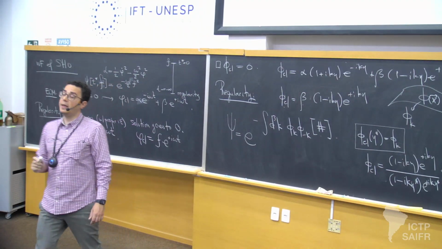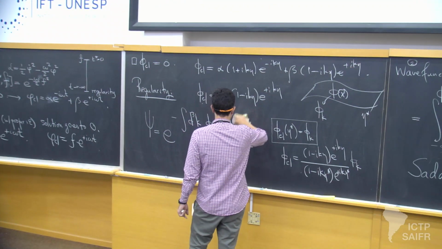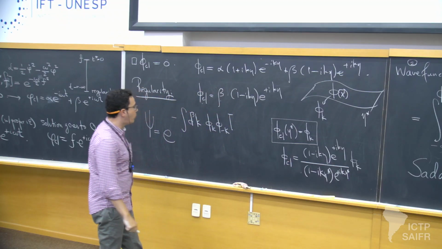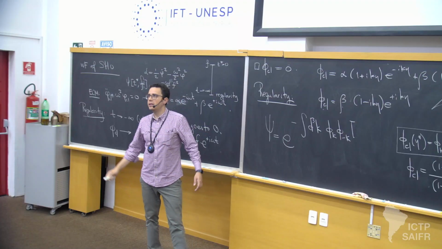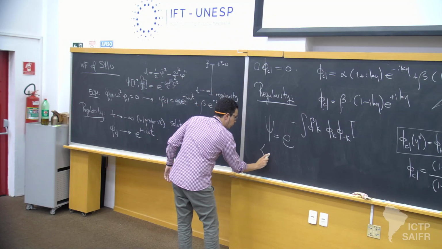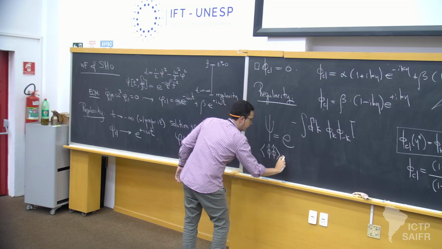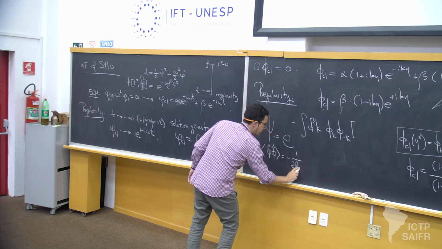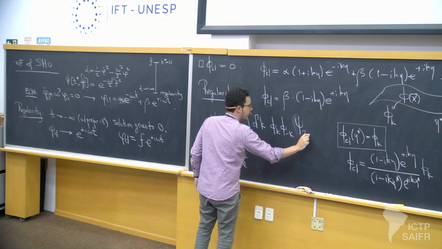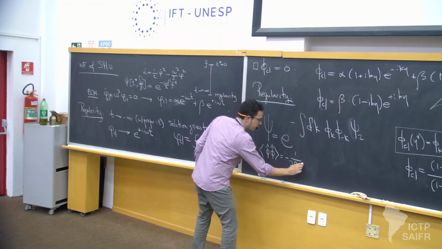You're going to get a little surprise in the answer. Well, the 2-point function from Born's rule is just the inverse of the real part by Gaussian integration. So the 2-point function of phi, the thing we computed, is just minus 1 over 2 times the real part of this, let me call this thing psi 2, the wave function coefficient at quadratic order.